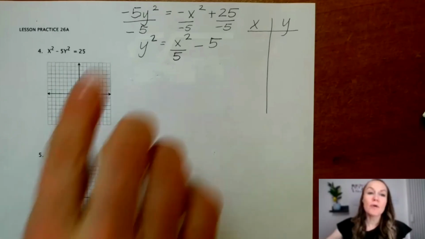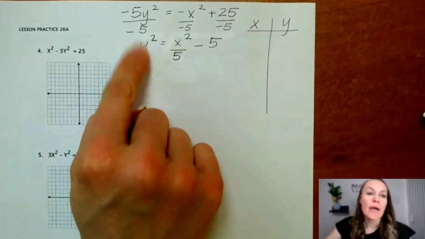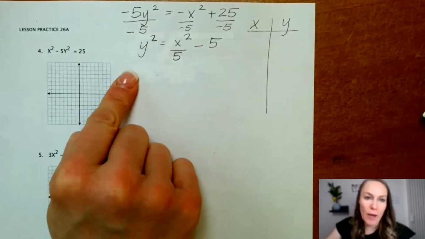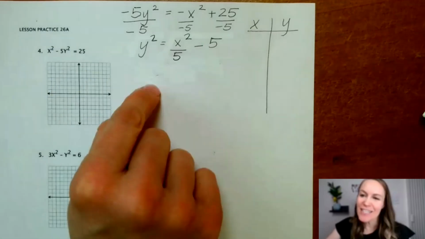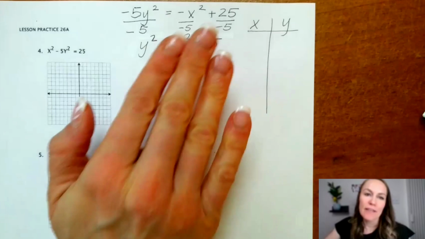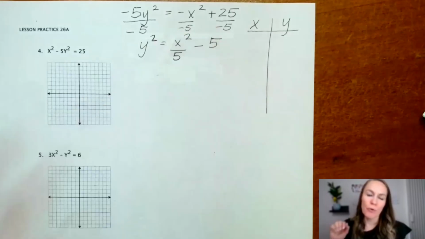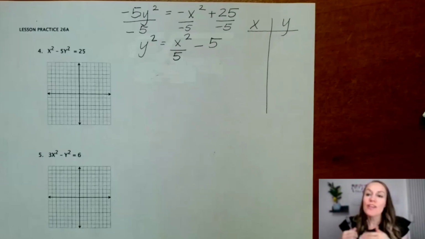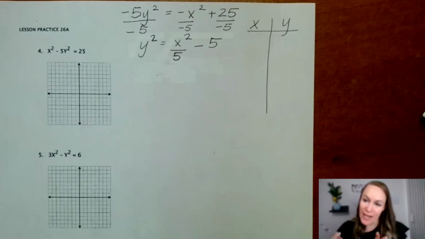Okay, so we could keep going on this equation, and we could take the square root of both sides so that we just have y alone. But I decided not to do that because it's a little bit messy, and I think this will be a good point to start plugging in values for x and seeing what we get out for y. So we're going to pick a very easy number to plug in for x so that it comes out even.